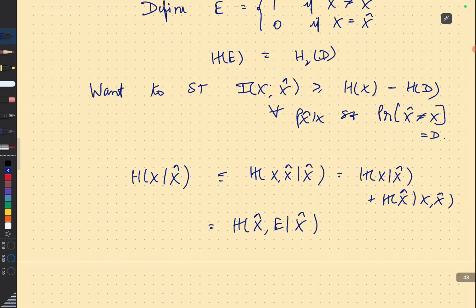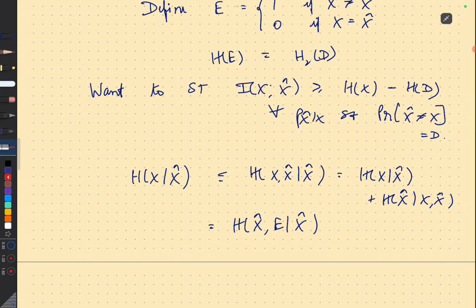Why is this true? So basically I'm going from this step here to this step here. e is a deterministic function of x hat. Okay, is that just enough?